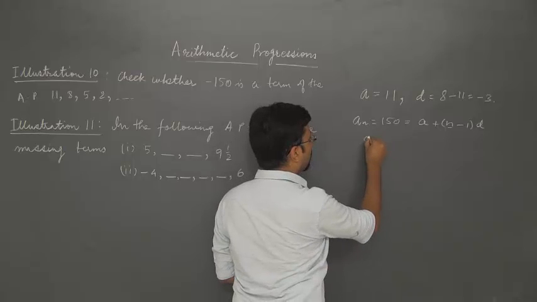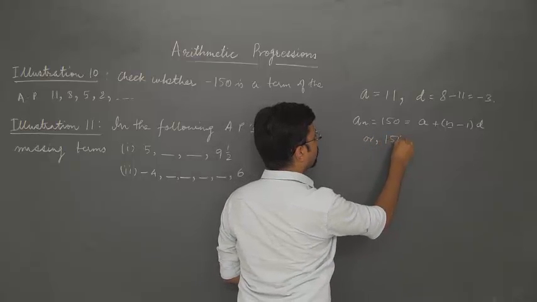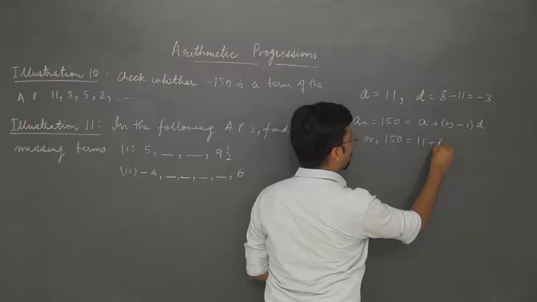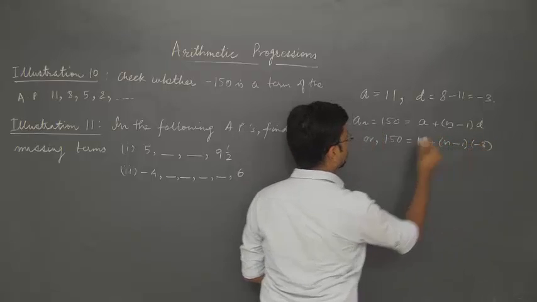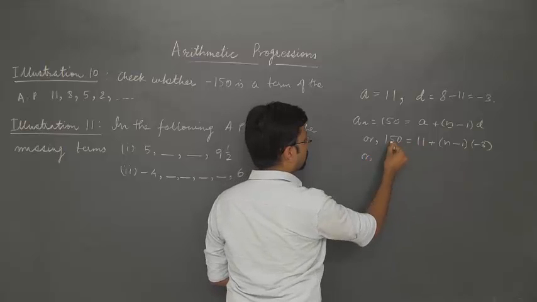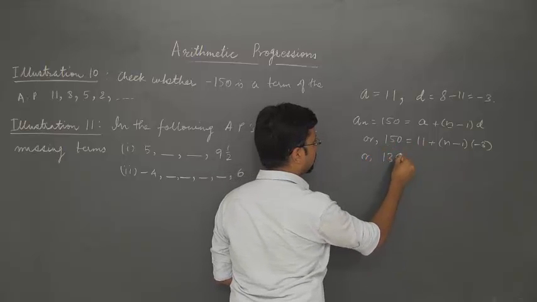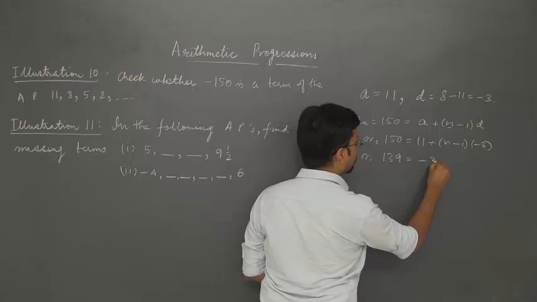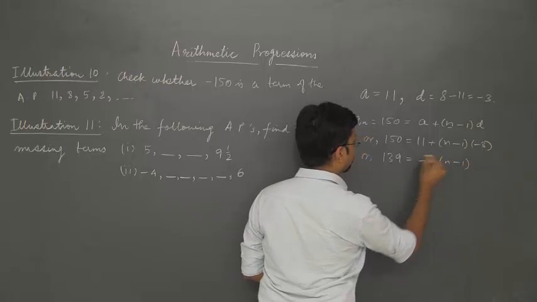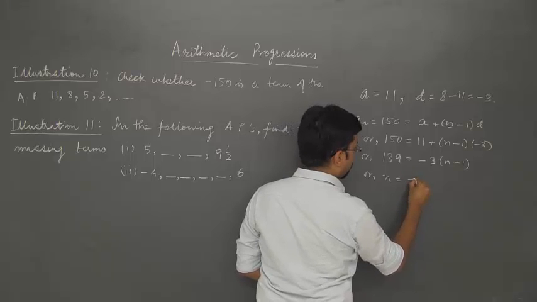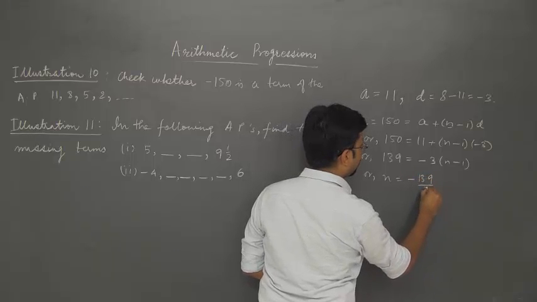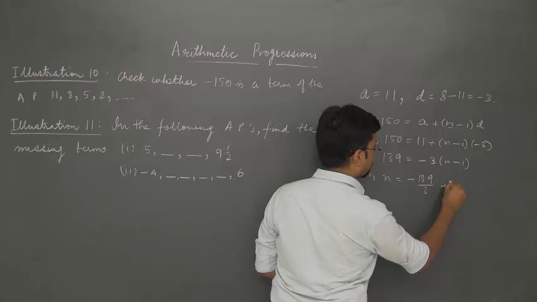So now we have minus 150 equal to a is 11, n we have to find out, and d is minus 3. So 11 goes this side, so it becomes minus 161 is equal to minus 3 (n minus 1), or n will be 161 by 3 plus 1.